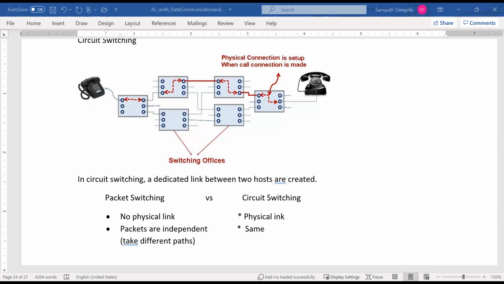We have multiple applications, and then you have the same IP, sometimes the port numbers. So it's not just delivering one message from one computer to another computer.